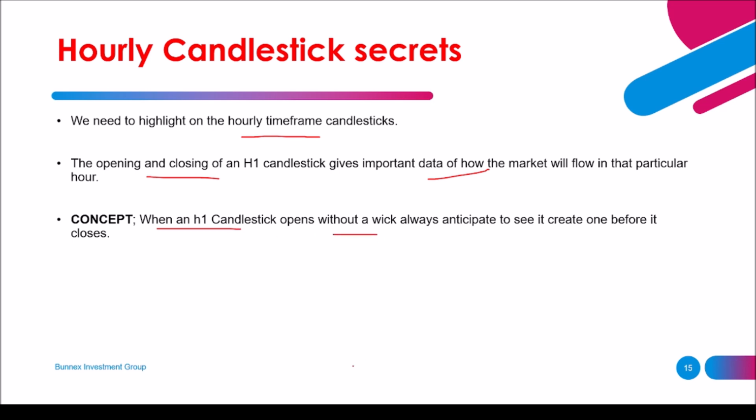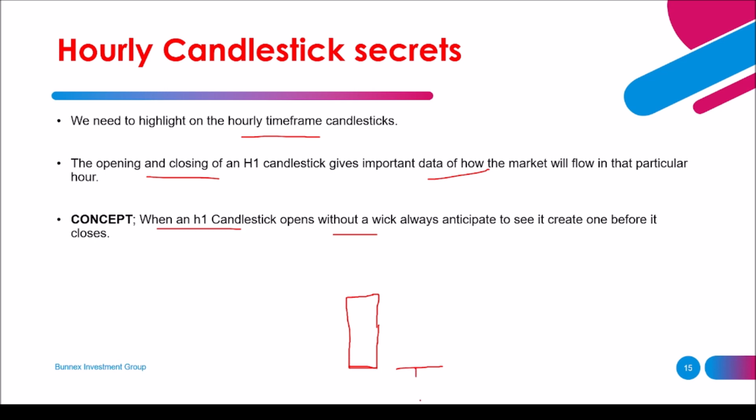For instance, if it opens and probably it's a green, bullish candle going up like that, we always anticipate it to take its low before closing that hour. So if it opens without a wick, always anticipate it to create one before it closes. In this particular case, we'll actually see price dropping and create a wick like that.